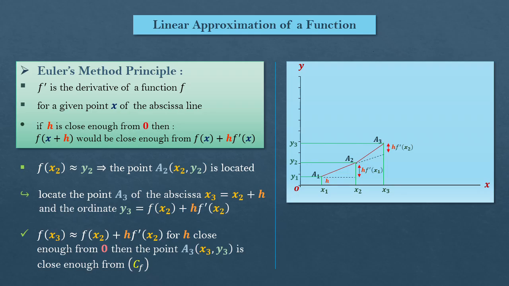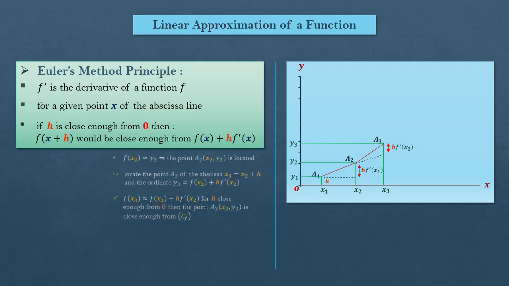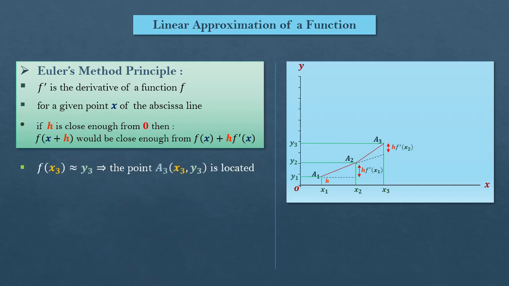If the value of our step, h, is small enough, then the point a3 that has x3 and y3 as coordinates can be located close enough to its exact location on the curve CF of the function f. So now that f of x3 is close enough to y3, we assume the point a3 that has x3 and y3 as coordinates is located.